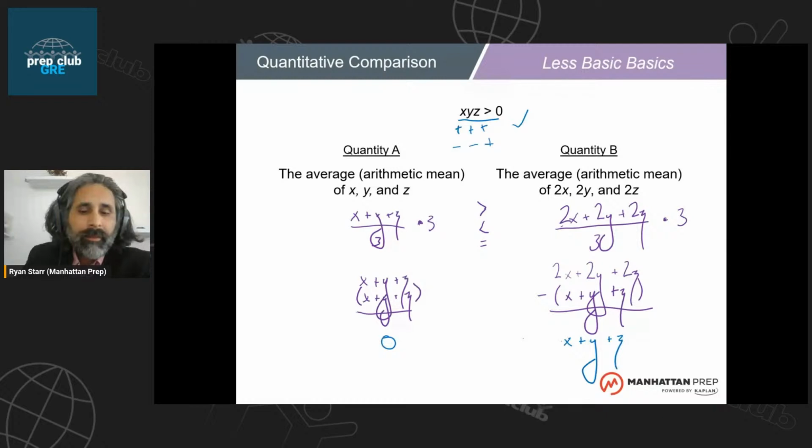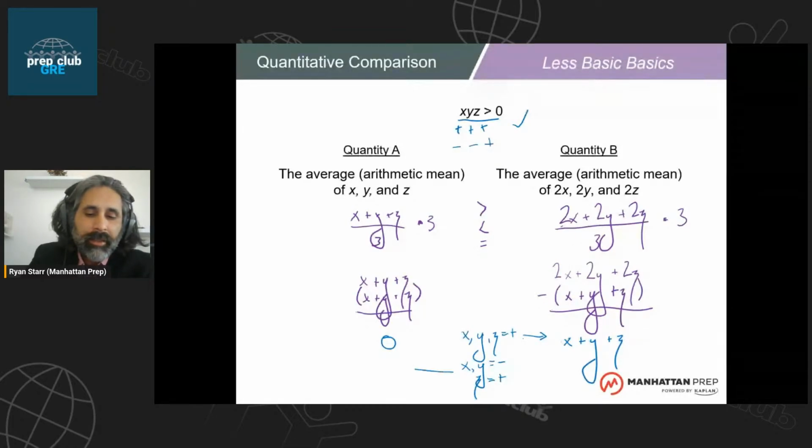And therein lies why this one turns out to be D. If x, y, and z are all positive, then B wins, right? But if x and y are negative and z is positive, you could at least see a situation in which side A wins, in which 0 comes out as the winner. All right.